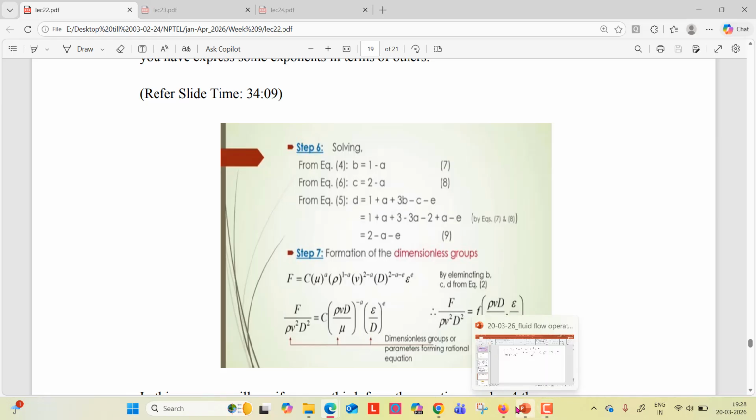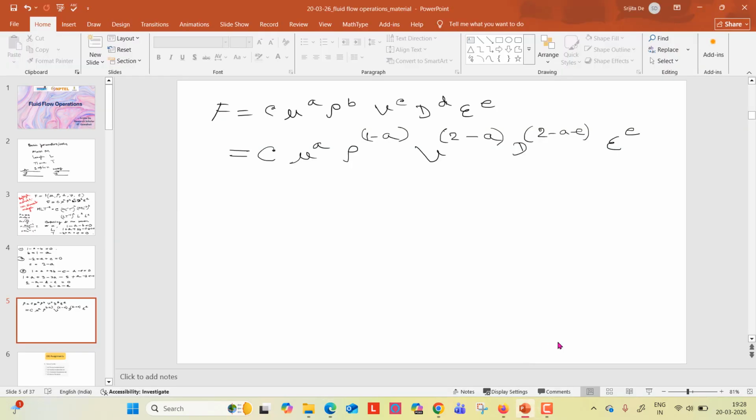Here they are bringing it as F equals to, so rho to the power 1, right? If it comes here, it will be rho in the denominator. Then V square, you can see, right? It is V square, then D square, right? Equals C constant.